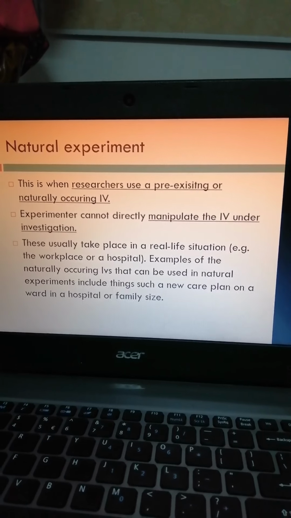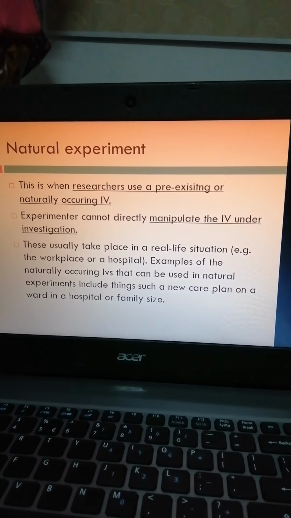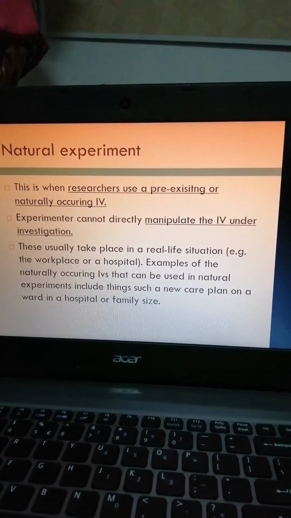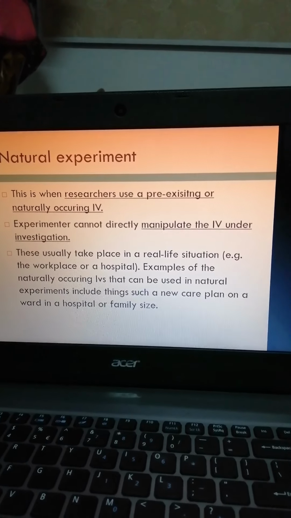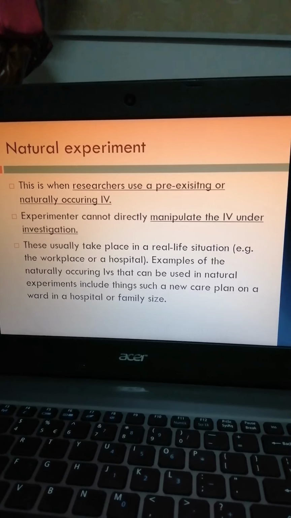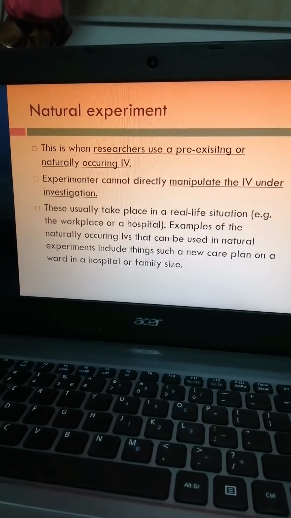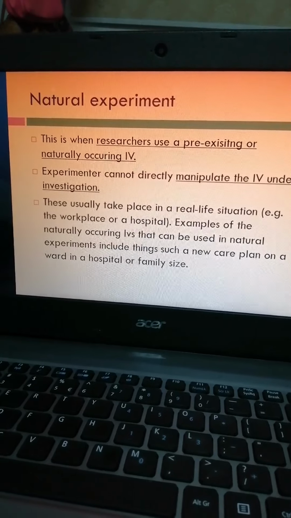I cannot divide the students into one man in one group and one woman in the other group. That cannot happen. The researchers may or may not have control over the independent variable.